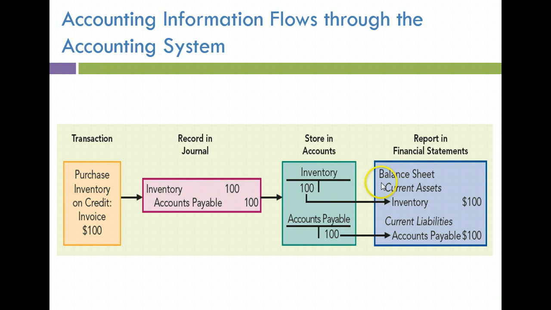On the balance sheet, we're going to show an inventory asset of 100, and we're going to have an accounts payable of 100. Now, ultimately, we have a lot of transactions we record to then come up with a financial statement. So it's a series of tons and tons of transactions over the accounting cycle that ultimately prepare financial statements.